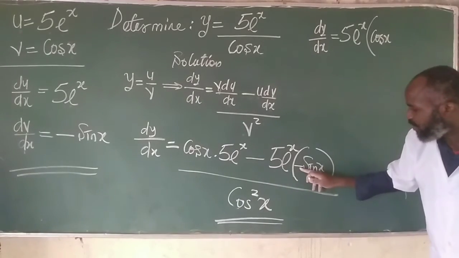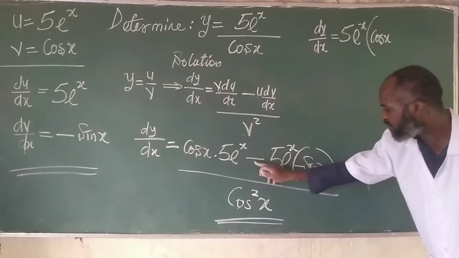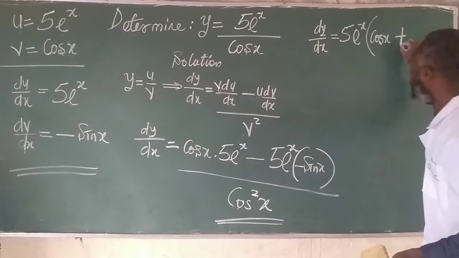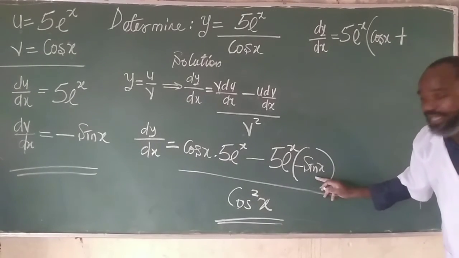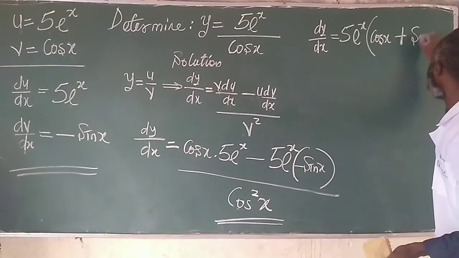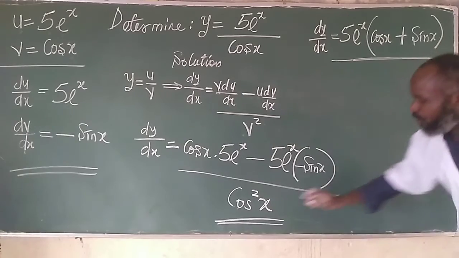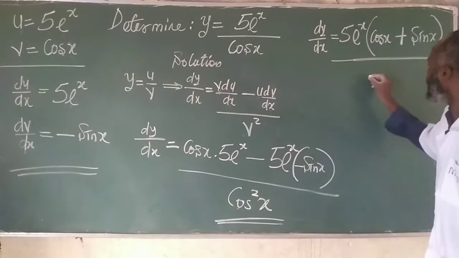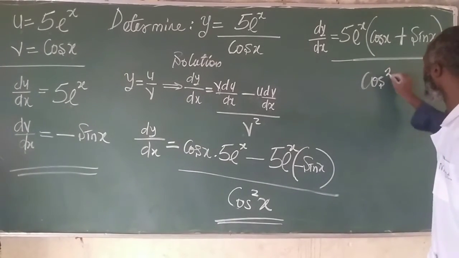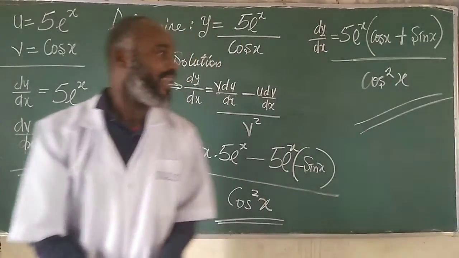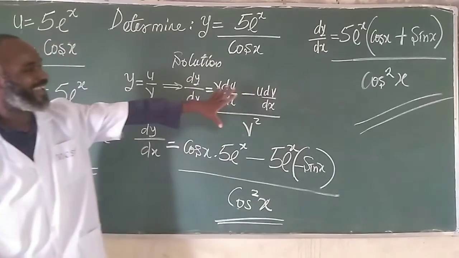Minus times minus, we turn it into a plus. And finally, we now have sine x, parenthesis close, all over cos squared x, which we retain the way it is. That is it.